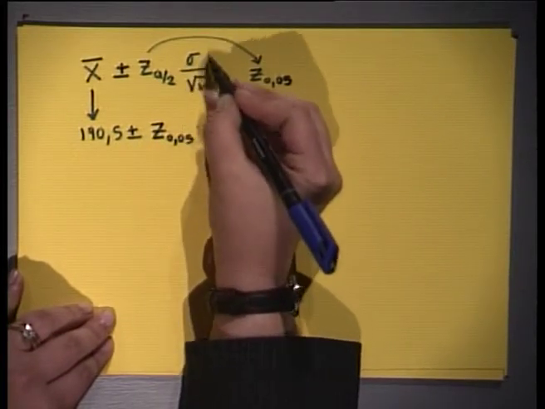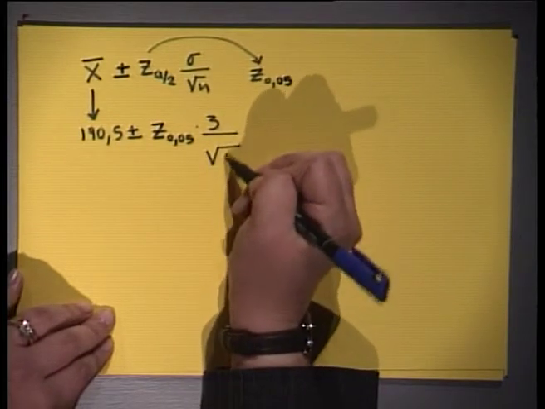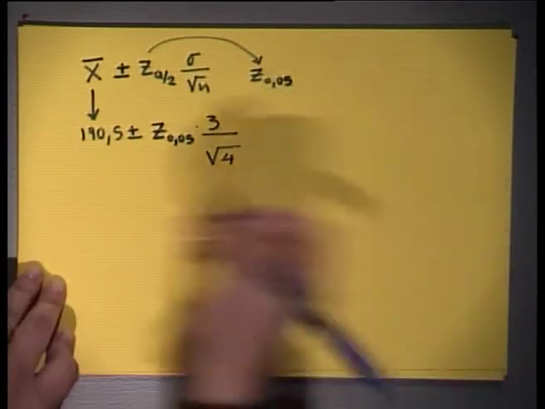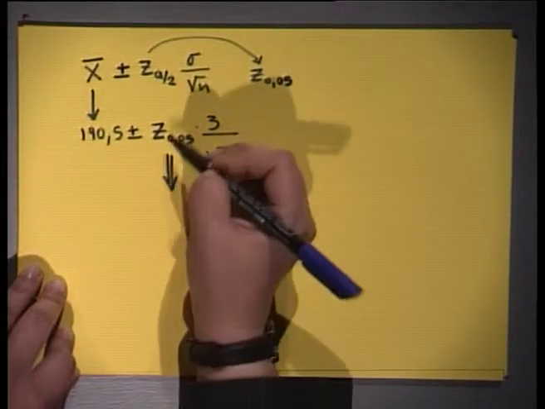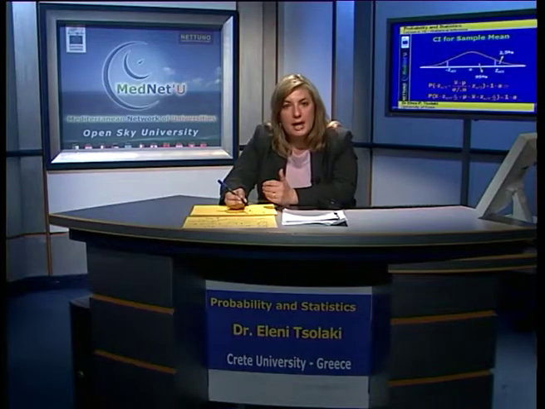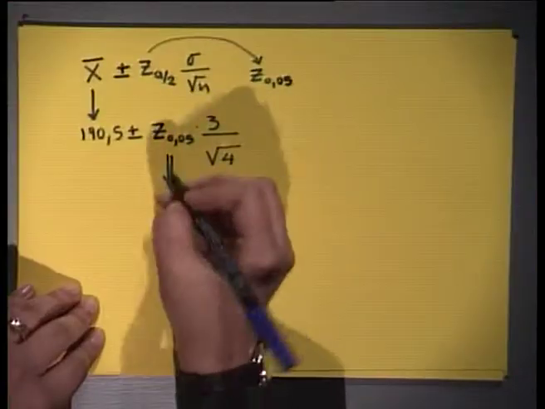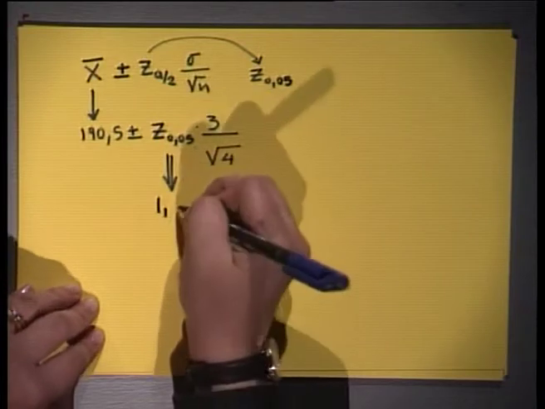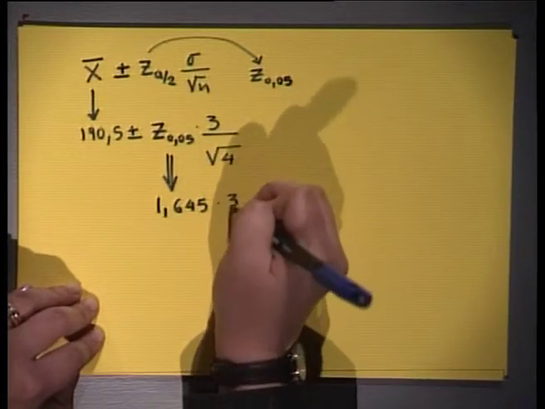It is known that the standard deviation is 3 over the square root of 4. And so by replacing these numbers, this can be read from the tables of the standard normal distribution, the statistical tables. We can see that actually this is 1.645.